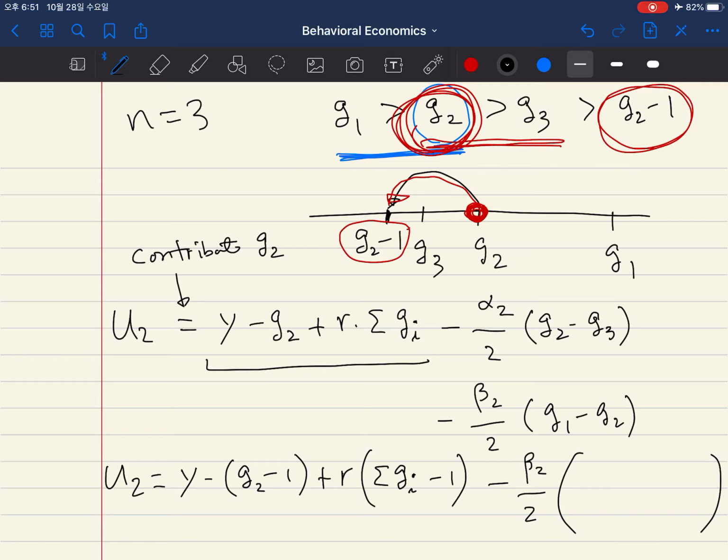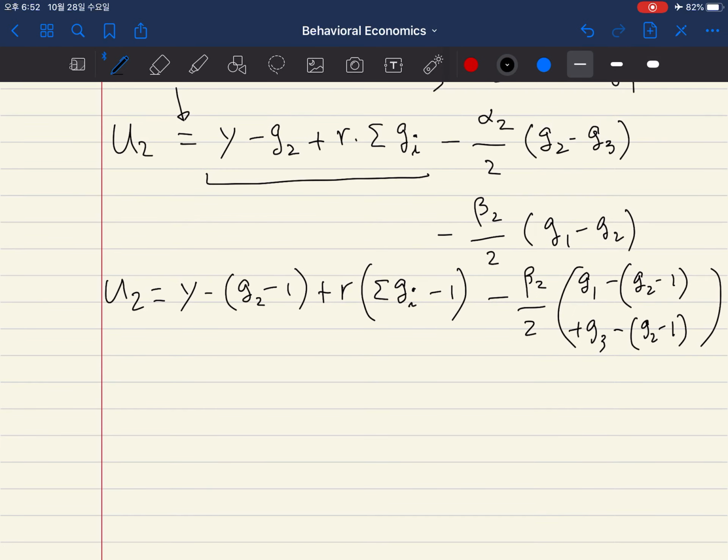And here inequalities: inequality between the first individual and the second individual, and inequality between the third and second individual. So this is the expression for the second individual's utility if the second individual reduces his contribution by 1 unit.